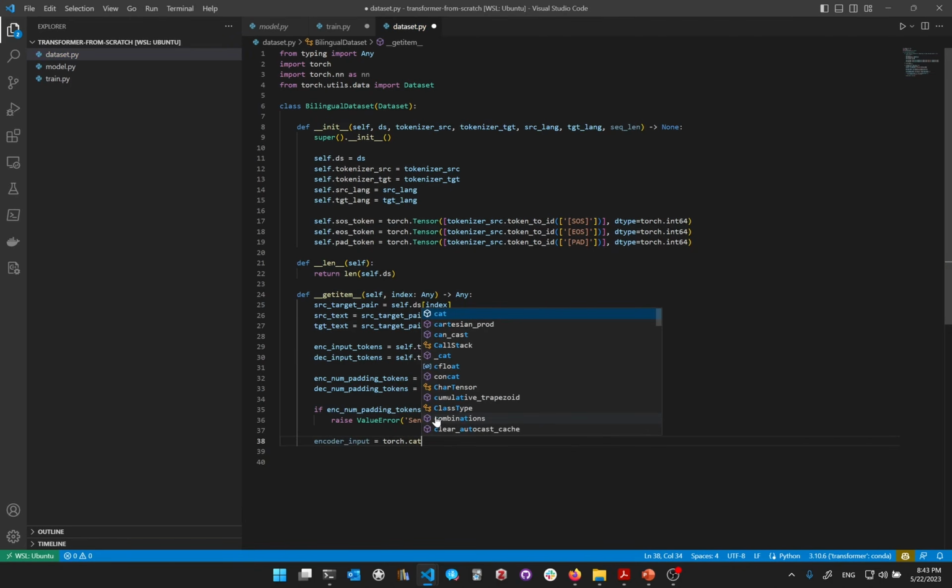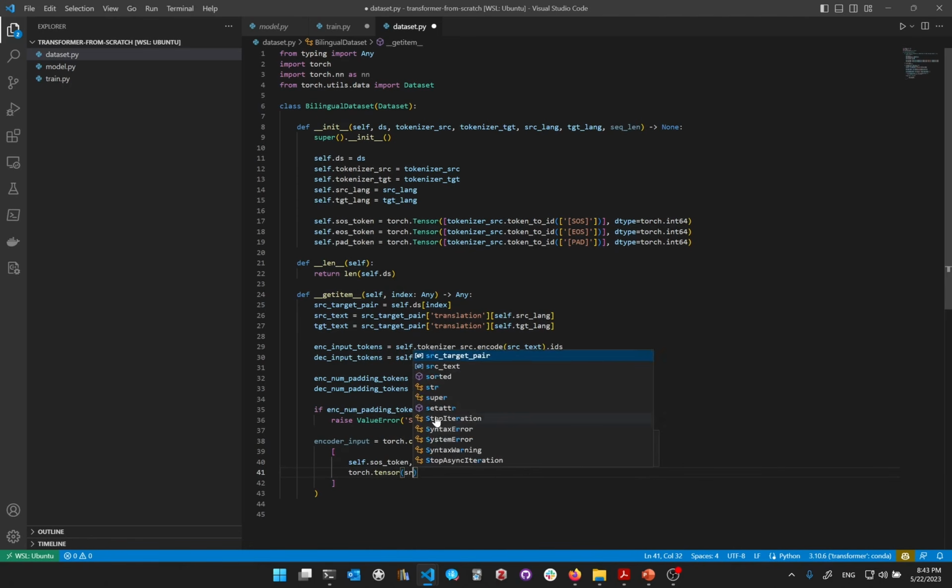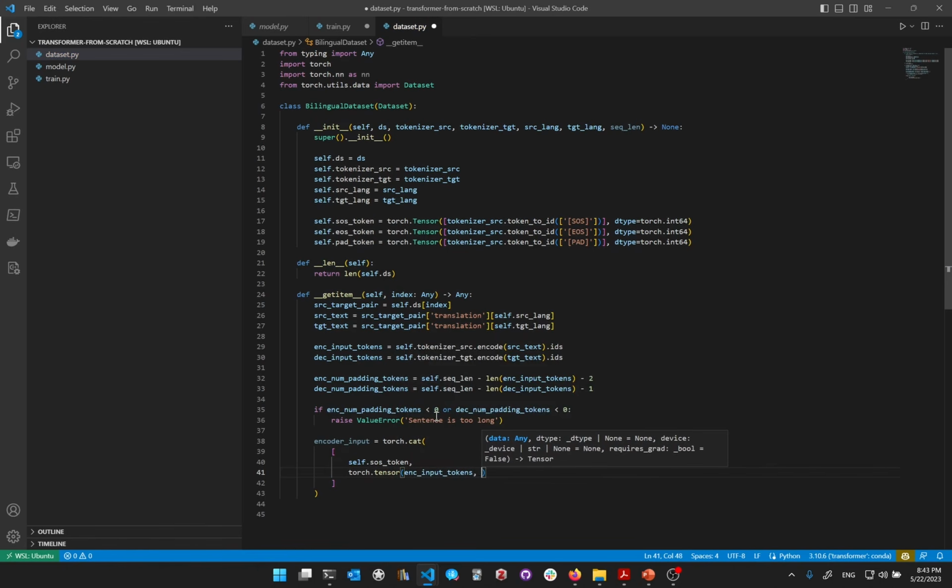We concat the tensors. Okay, we concat three tensors. First is this start of sentence token. Then the tokens of the source text. Then the end of sentence token. And then enough padding tokens to reach the sequence length.